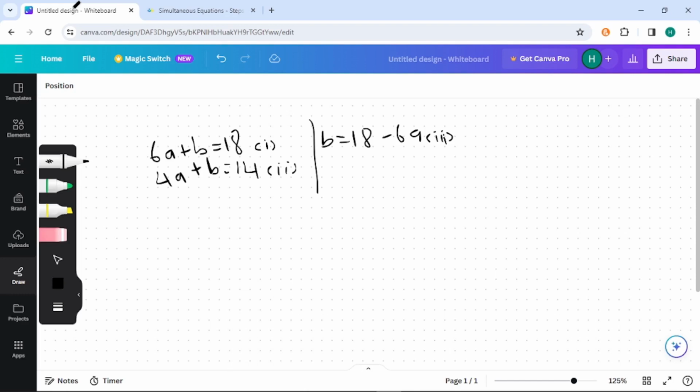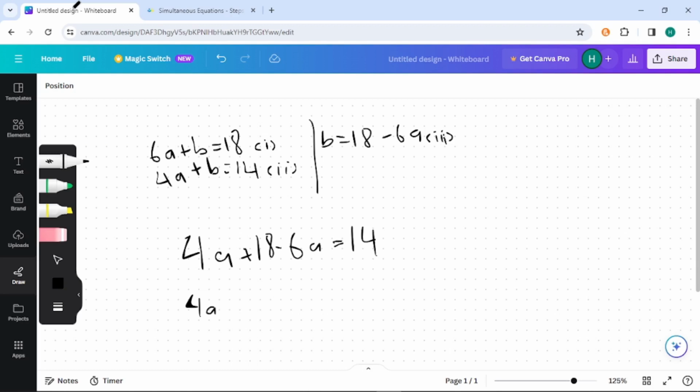So this is going to turn into 4a plus 18 minus 6a equals 14. I'm going to move 18 to the opposite side of the equal sign.